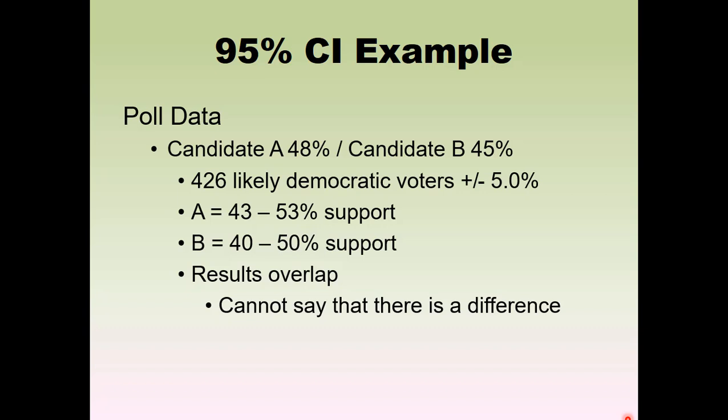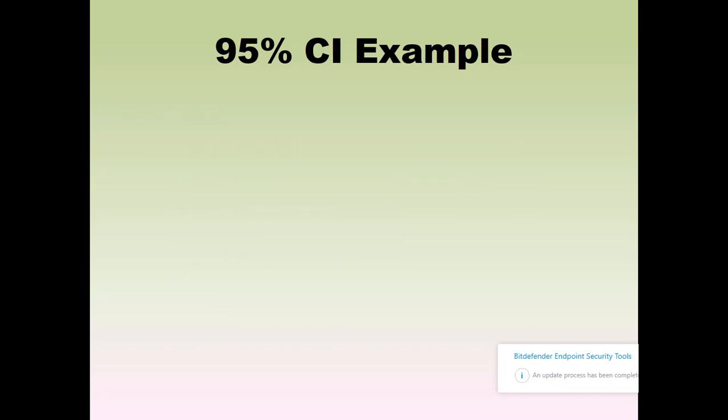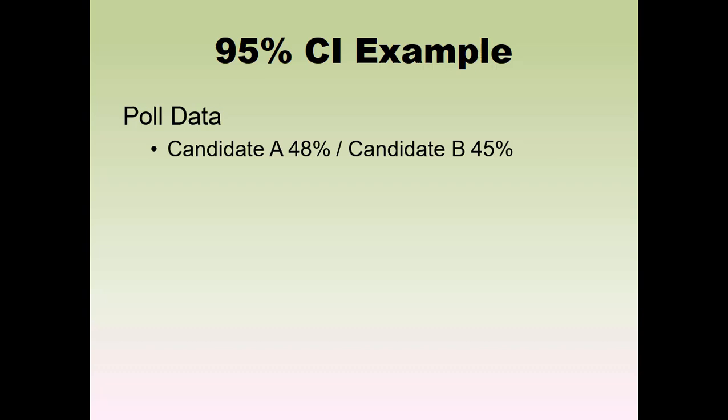Now let's say they did a much larger sample size. In this case, let's say we got the same data, but there was a tremendously larger sample size, and the 95% confidence interval was plus or minus 1%.